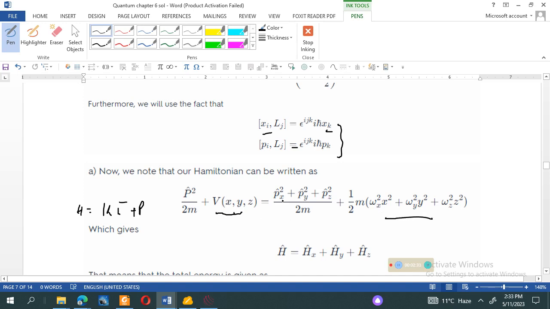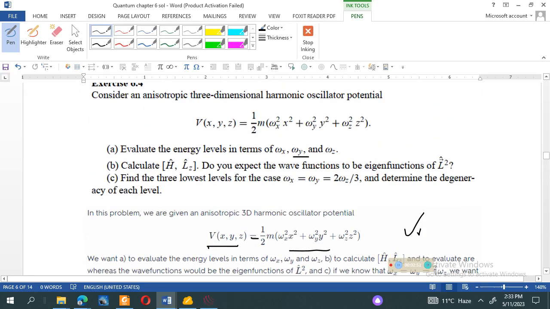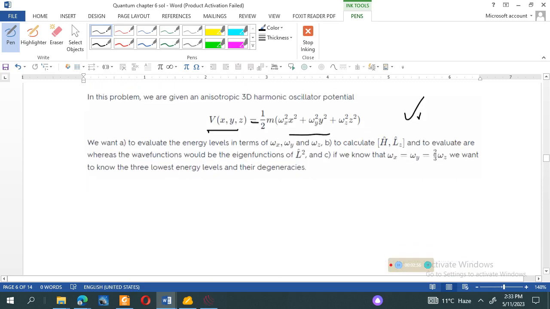So if we write x separately, y separately and z separately, this will become Hx plus Hy plus Hz. So this was the required solution, for which they asked: write the Hamiltonian as a sum of Hx, Hy, and Hz. Then evaluate the energy levels in terms of omega x, omega y, and omega z.